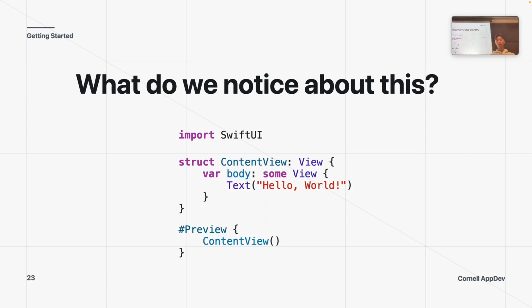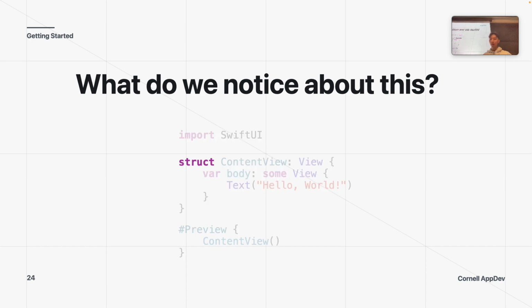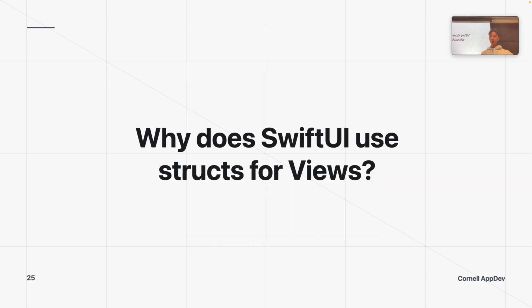Okay, so what do we notice about this view right here? As you can see, we use a struct instead of a class. Back in UIKit, we had a UILabel, we had a UITableView. Those are classes provided by the UIKit framework.